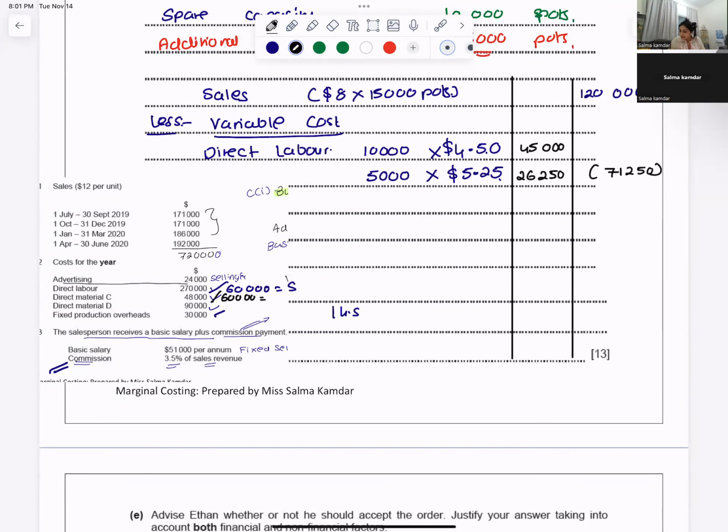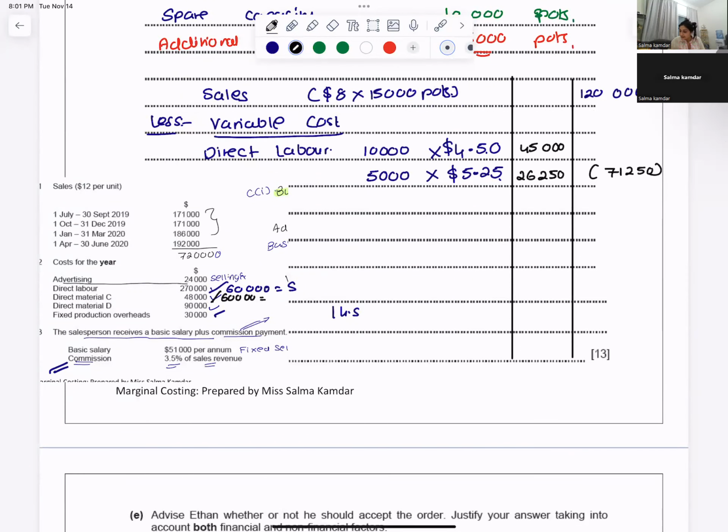Now let's go ahead. The direct material cost. Material C, again for 10,000 units, it is going to be 0.80.